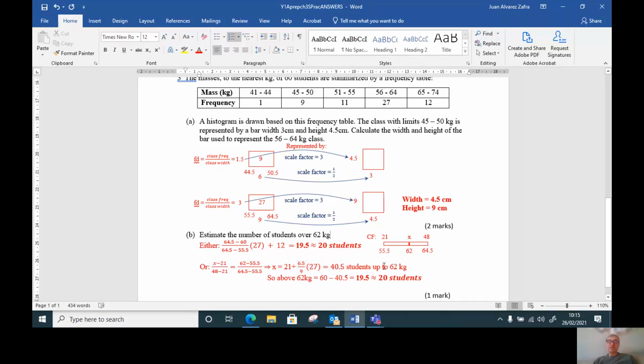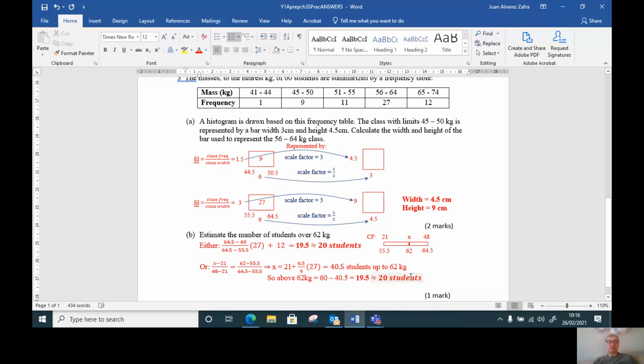And that means that the number of students up to 62 kilograms is about 40.5, because remember, cumulative frequency is up to. We're asked to estimate the number of students over 62 kilograms. So that means that if there are 60 students in total, 60 minus 40.5, there'll be about 19.5 students with a weight of over 62 kilograms.